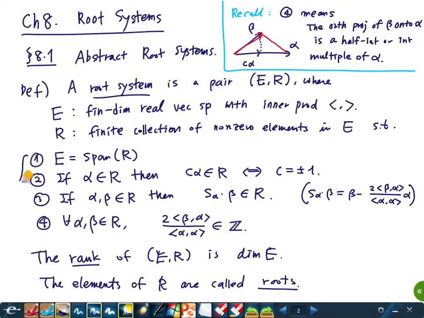So we always have these 4 conditions. And another note: they came from this root system, from a semi-simple Lie algebra.